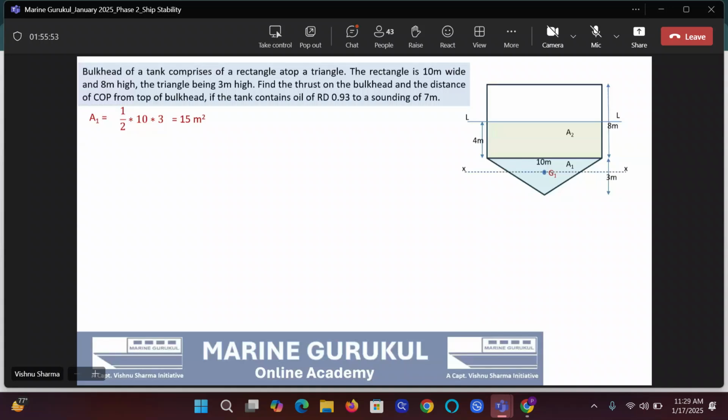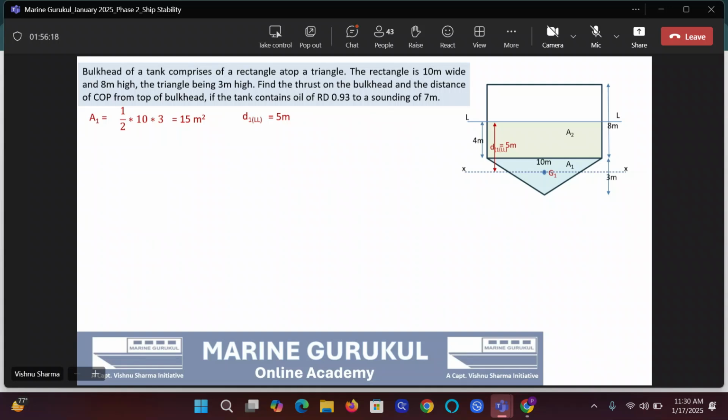You need it from the liquid level. Correct? Yes or no? So D1LL is 5 meters. Everybody agrees with me? Yes, sir. Please mark it. Okay, so D1LL is 5 meters.